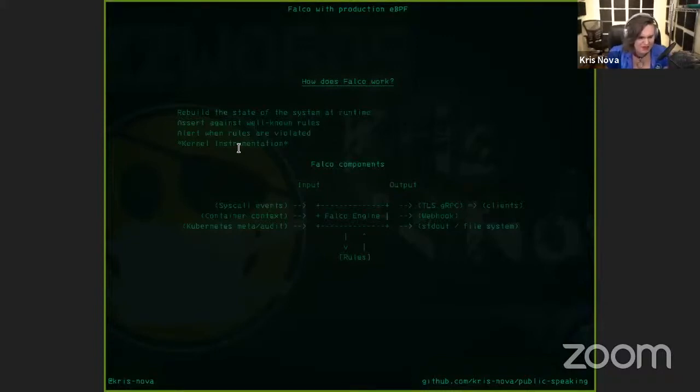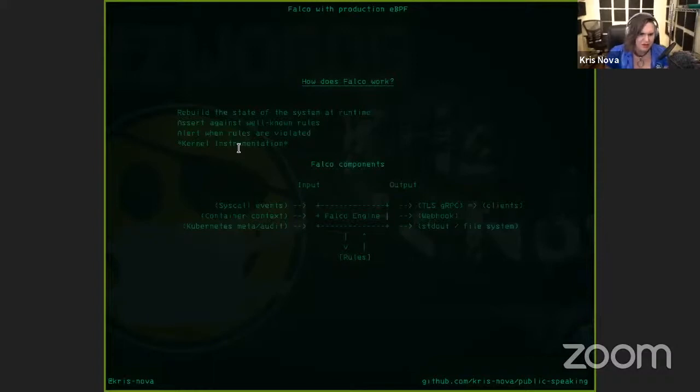If you've ever used the command line tool Sysdig before, or strace or dtrace, you're probably familiar with this concept of taking information that's happening in the kernel at runtime and bringing that up to user space somehow. Falco takes it a step further and uses the Sysdig internal libraries and builds an abstraction layer on top of the information that we're getting out of the kernel.